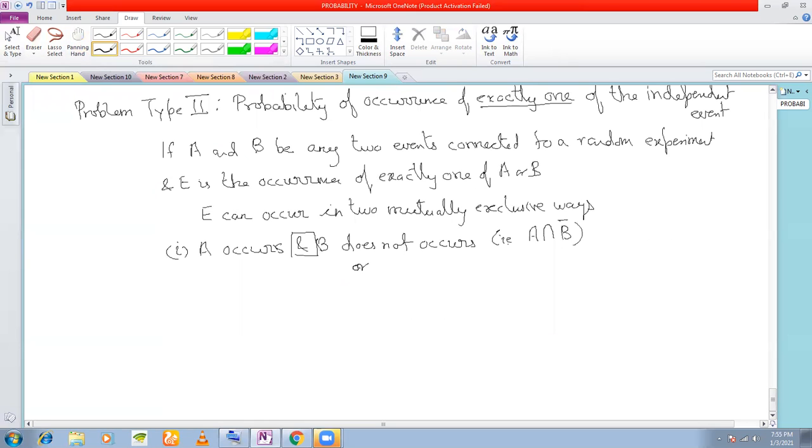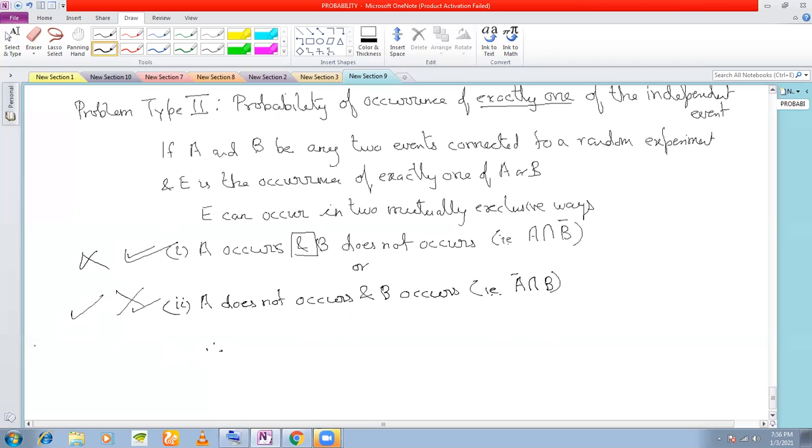Or what else can happen? A does not occur and B occurs. That is A complement intersection B. So E can occur in either of these two ways, and these two are mutually exclusive. Why? Because if this occurs, then this will not occur, and if this occurs, then this will not occur.